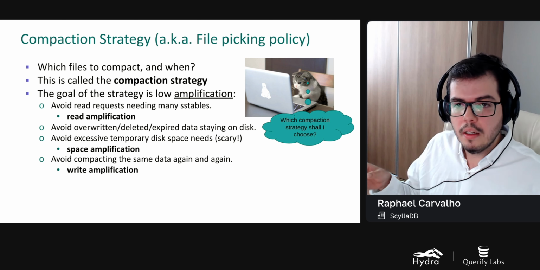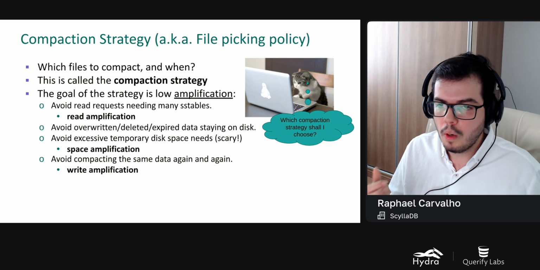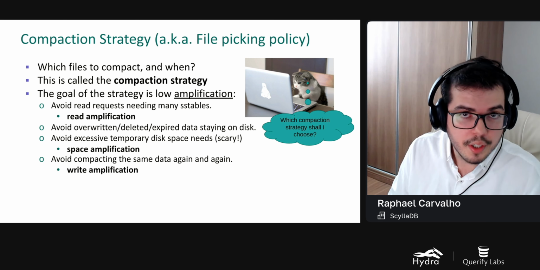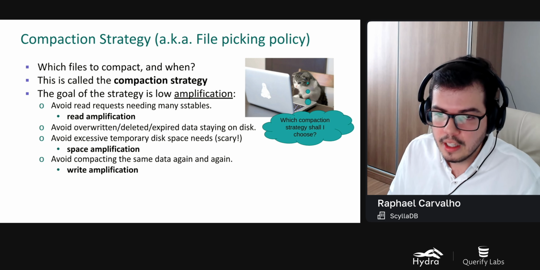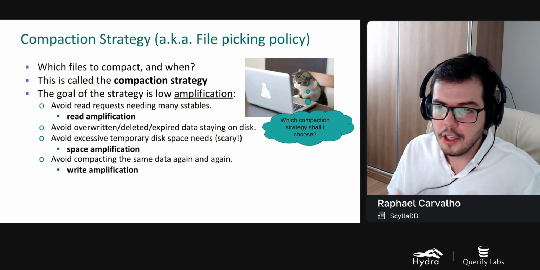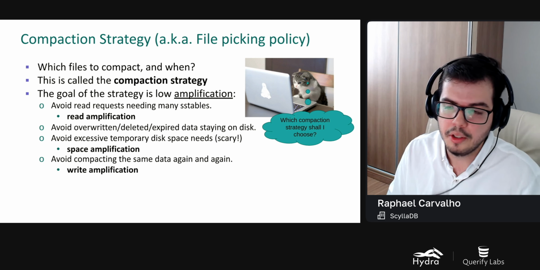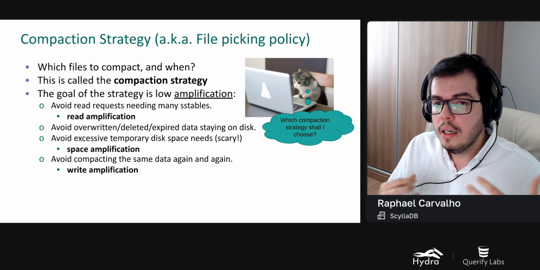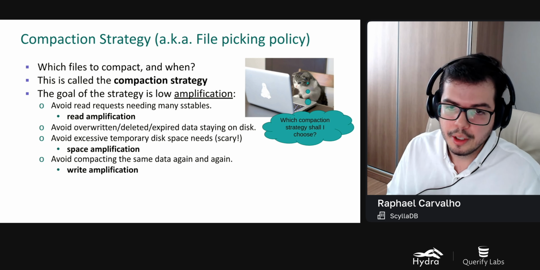So now, given that I already explained what compaction is, the question is when to compact and which files to compact. I already said that I'm going to use the terms policy and strategy interchangeably. So this is the compaction strategy.